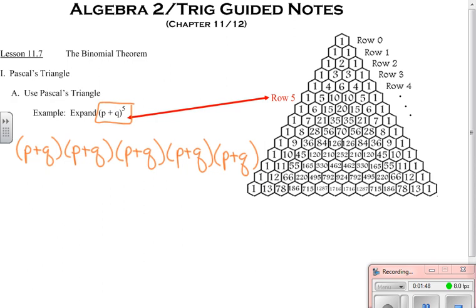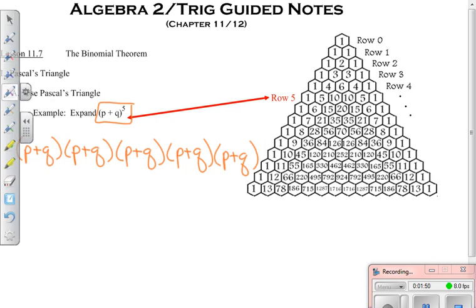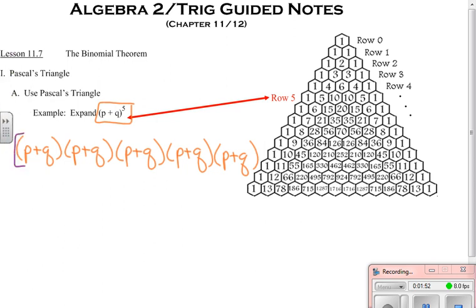And if you were going to expand that, you would have to group it by 2's first, FOIL those, then you would have to do distributive property with trinomials, and then you would have to do distributive property again, and it would probably take you a half a sheet of paper. Pretty sure no one wants to do that.